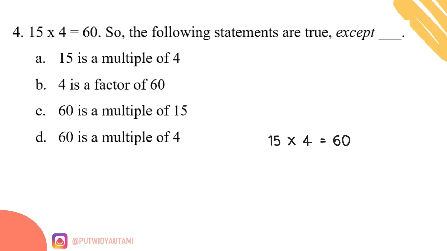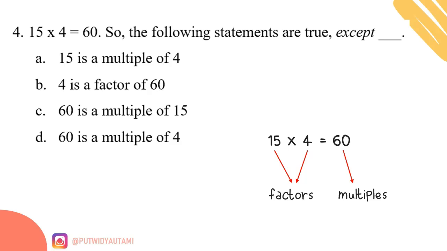We know that the numbers that we multiply are the factors and the product is the multiple. Multiples are always the bigger number. Okay? Now, we know that 15 and 4 are the factors of 60.